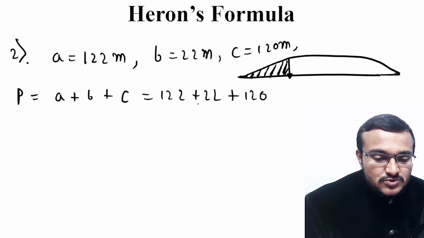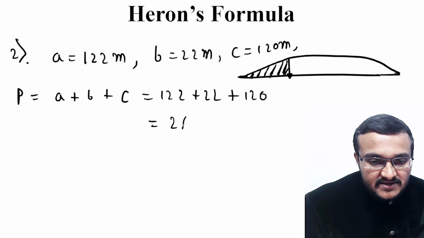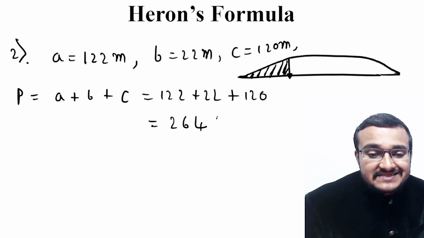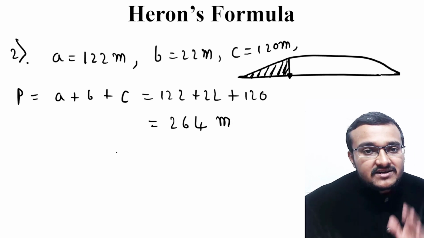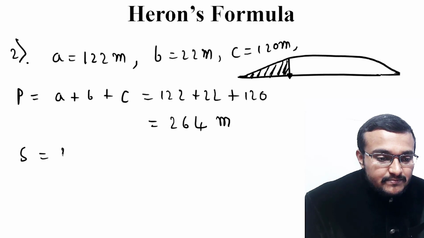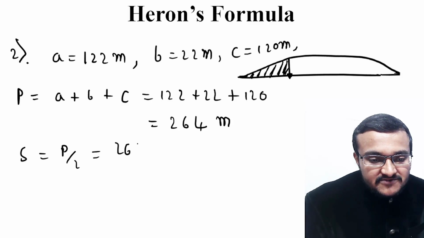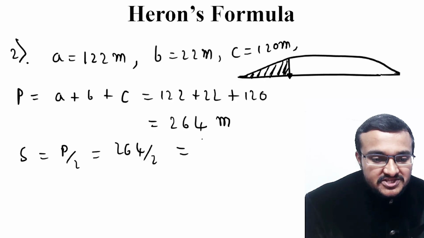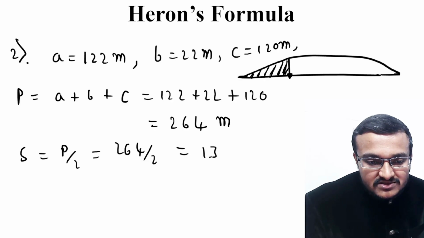So 242 plus 22 will be 264. So 264 we are getting as the perimeter of this particular triangular space. So now S will be P by 2, that is 264 by 2. So 264 by 2 will be 132 meter.